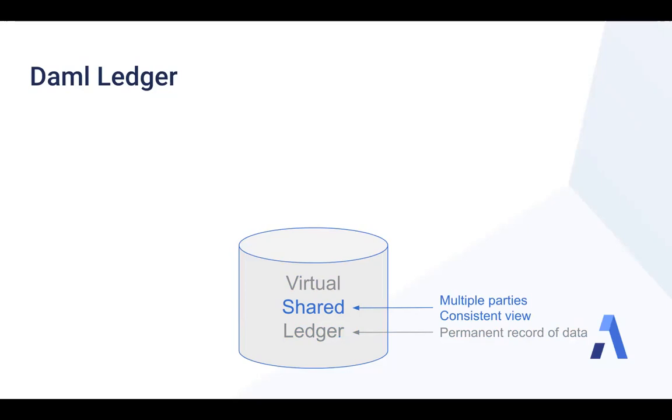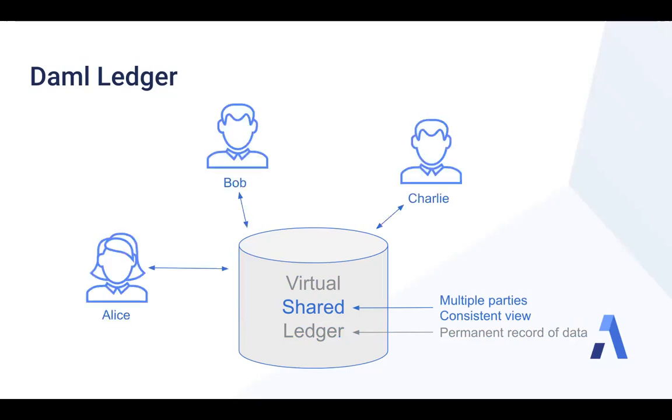So, for example, if we have Alice, Bob, and Charlie all running a Daml application against this ledger, they all feel as if this application is running against a centralized ledger. Now, virtual means that this ledger doesn't necessarily exist in one place.